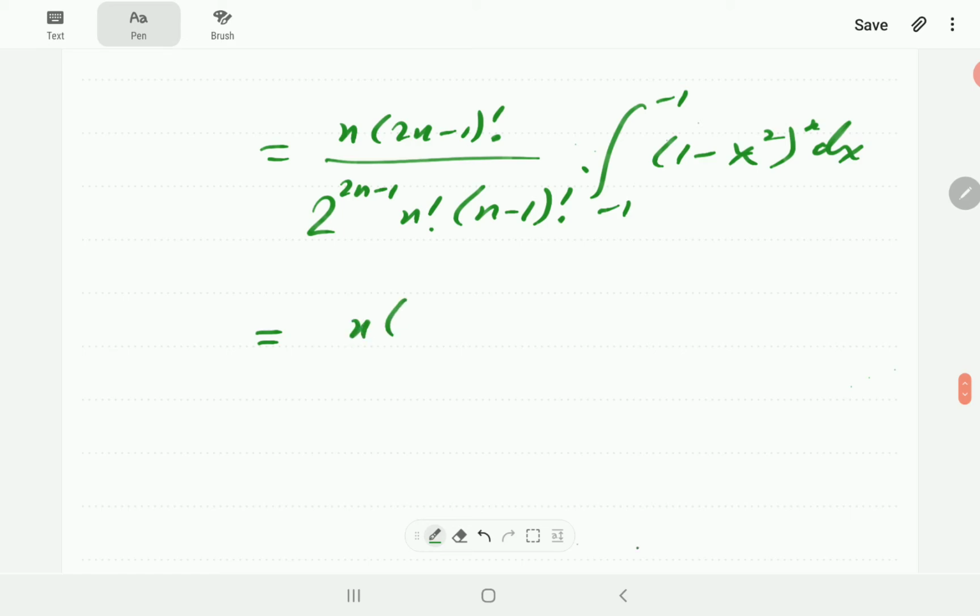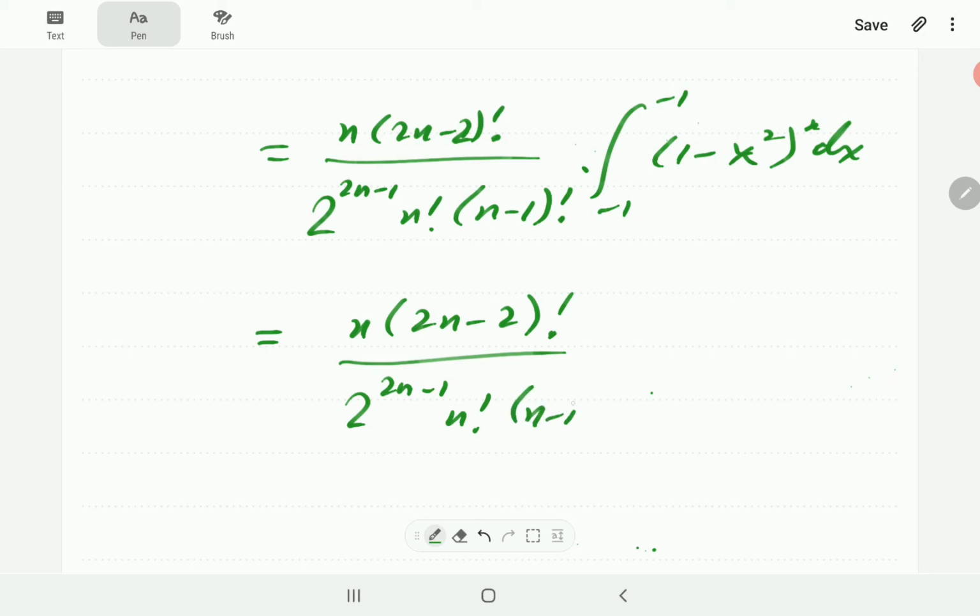So we're going to have here n times 2n minus 2 factorial, over 2 to the power 2n minus 1, n factorial, n minus 1 factorial.